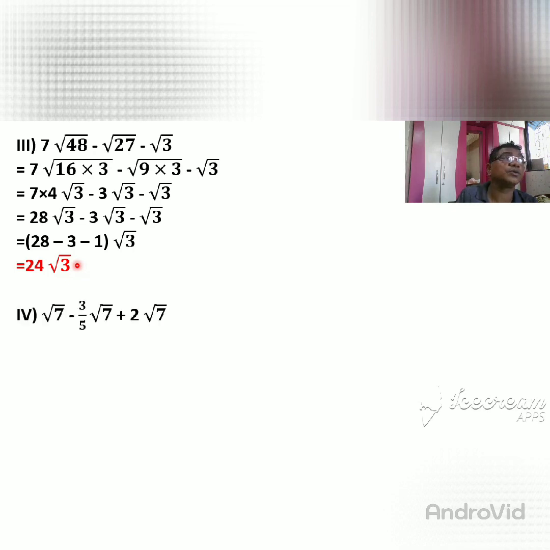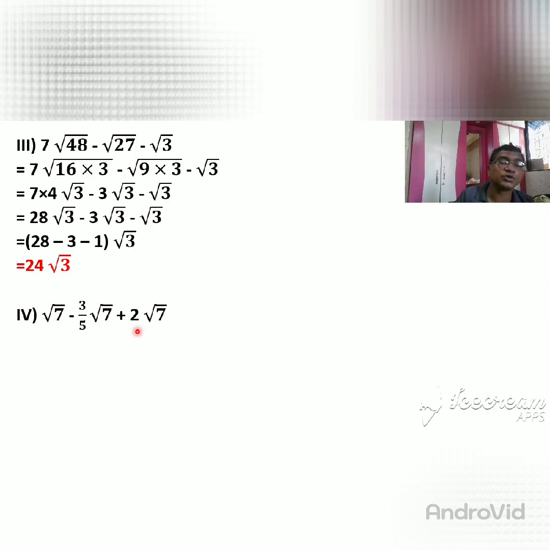Then we are going to see another problem, that is root 7 minus 3 upon 5 root 7 plus 2 root 7. See, this is the first problem: root 7 minus 3 upon 5 root 7 plus 2 root 7.